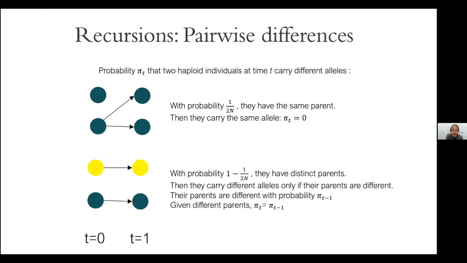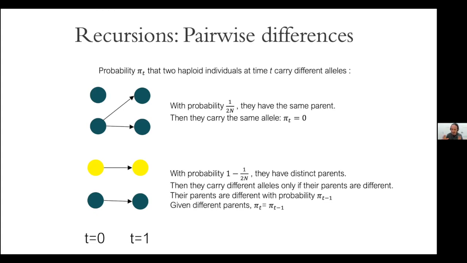Now, what happens if the two copies of the genome picked two different parents? And now we're going to ask, well, how likely are these two individuals now to be different if they pick different parents? Well, the two parents were randomly picked from the population, and so their probability of being different is just pi at time t-1, the probability that two alleles drawn at random at time t-1 are different.